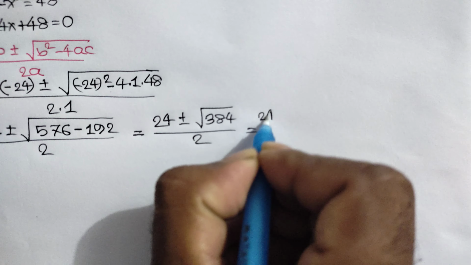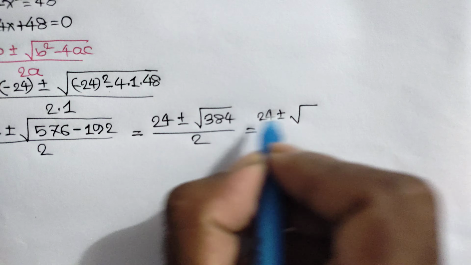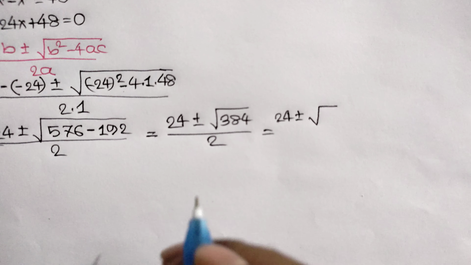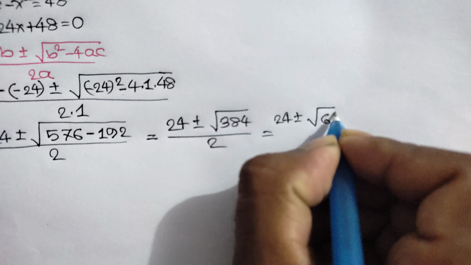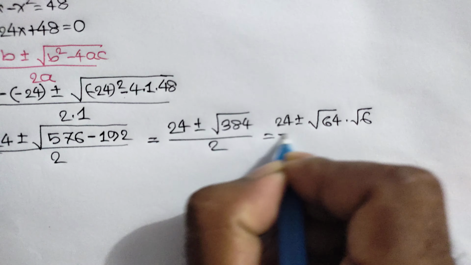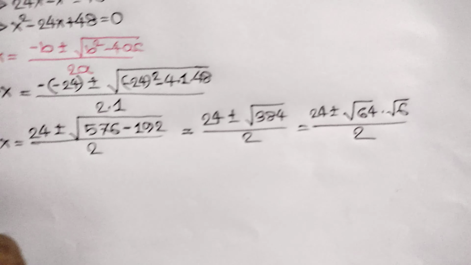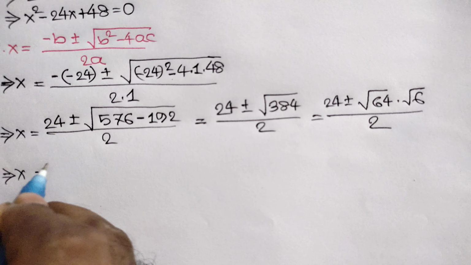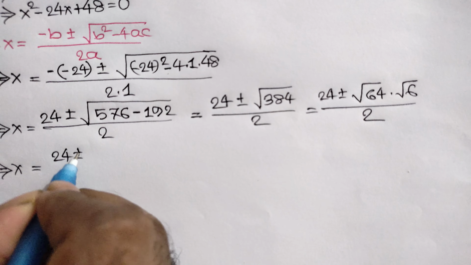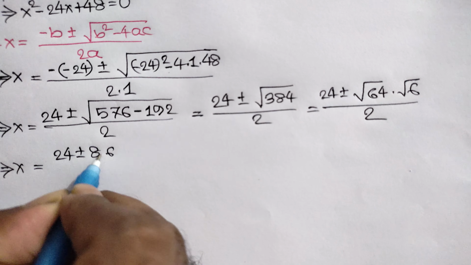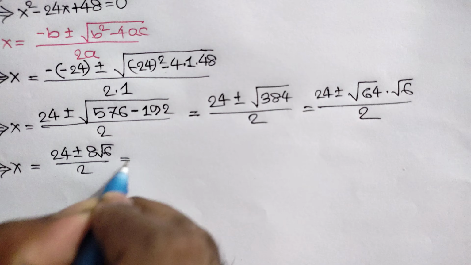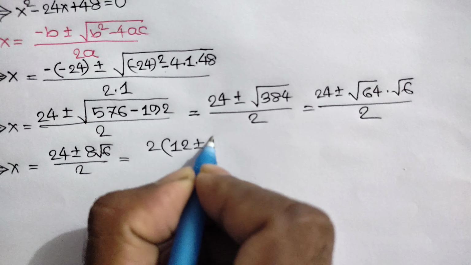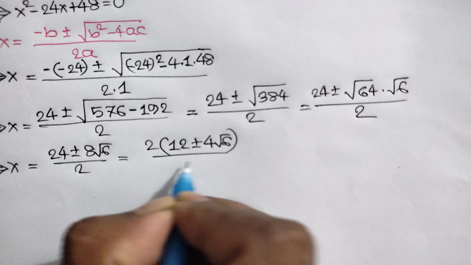is equal to 24 plus or minus square root of, now here we can write square root of 64 times square root of 6 all over 2, or x is equal to 24 plus or minus square root of 64 is 8, square root of 6 over 2 is equal to, now taking common 2, here we will get 12 plus or minus 4 square root of 6 over 2.